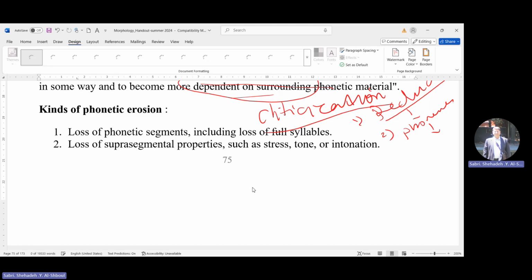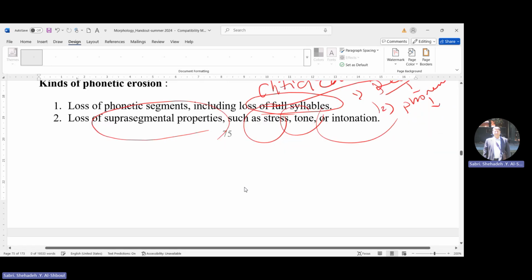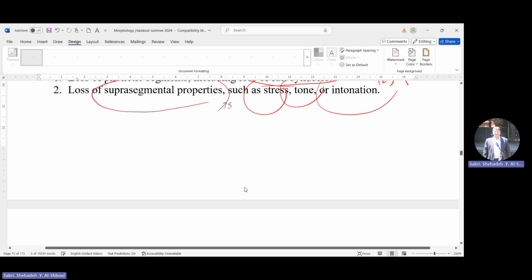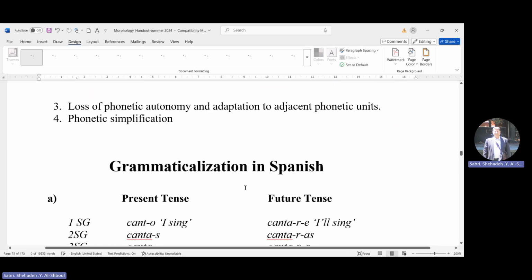So different phonetic erosions or erosion patterns in the language can be displayed at different levels. It can be loss of phonetic segments, including loss of full syllables, a total syllable deletion, or some suprasegmental properties like stress, tone, intonation. I mean a change in stress, a change in intonation patterns, or a change in tone.